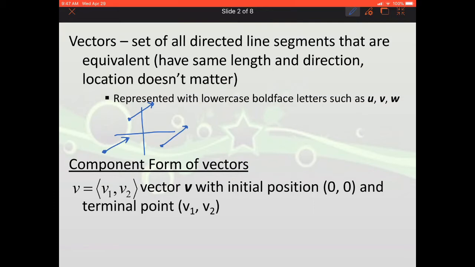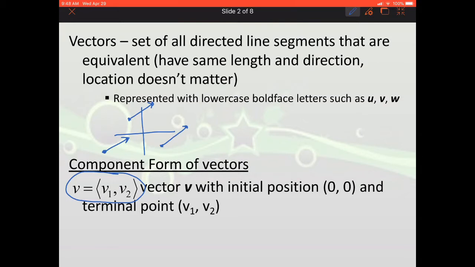That's what vectors are. And because vectors are the set of all directed line segments that are equivalent, we would have to have a way to write all of them. So vectors are written in component form. Here is component form. So vector v in this case, notice it has the angle brackets, and it's ⟨v1, v2⟩. And what are those v1 and v2?